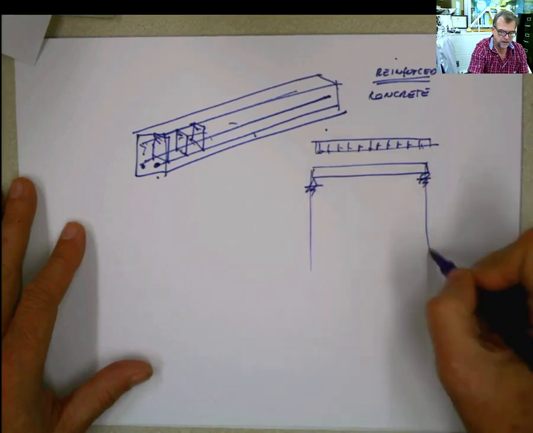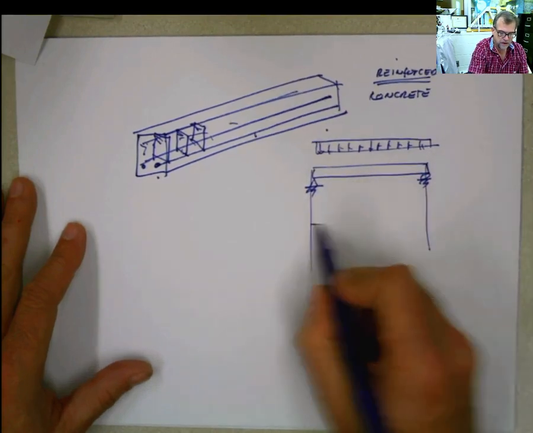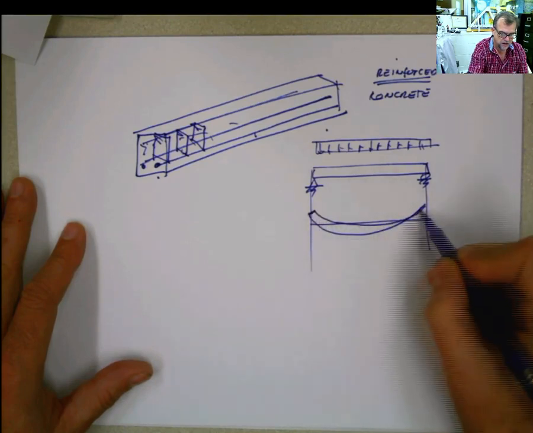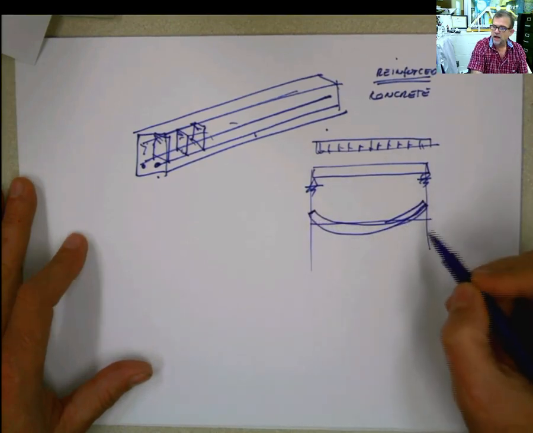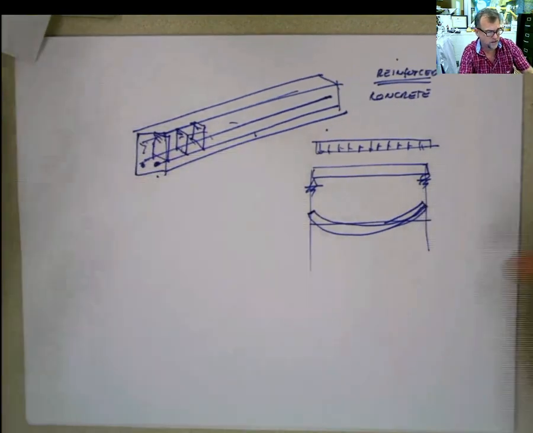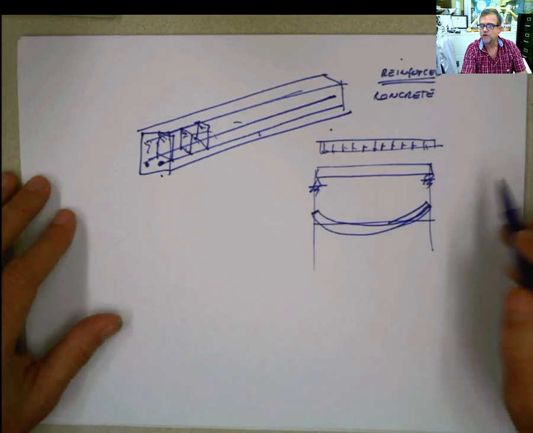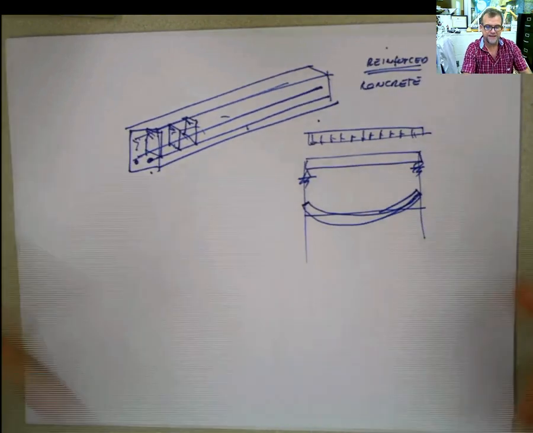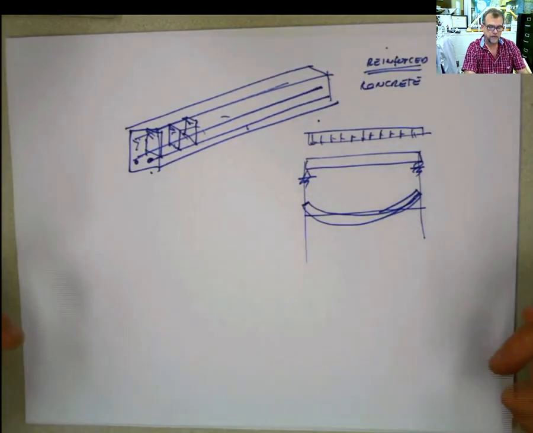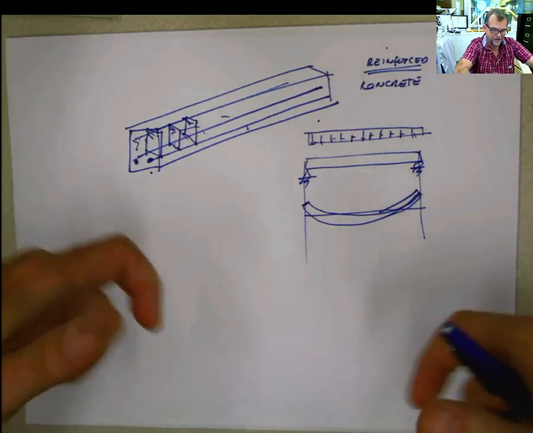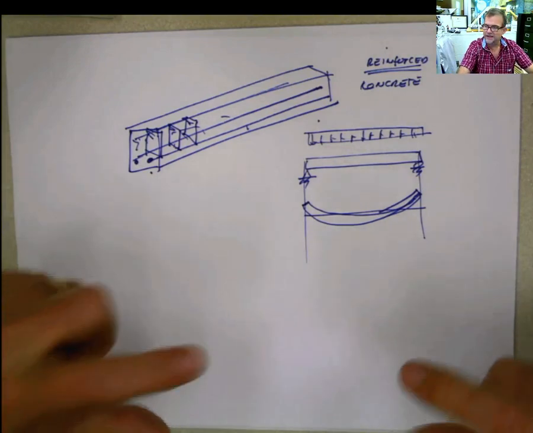That beam is going to try to deflect and bend like that. I always tell my students, of course I'm exaggerating here, imagine that beam is made out of Play-Doh, plasticine, clay, rubber, and you do this to that beam.